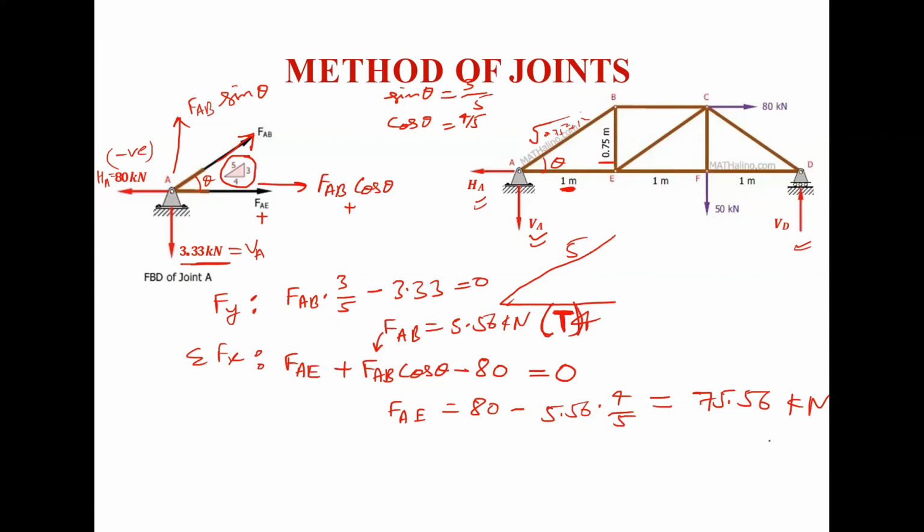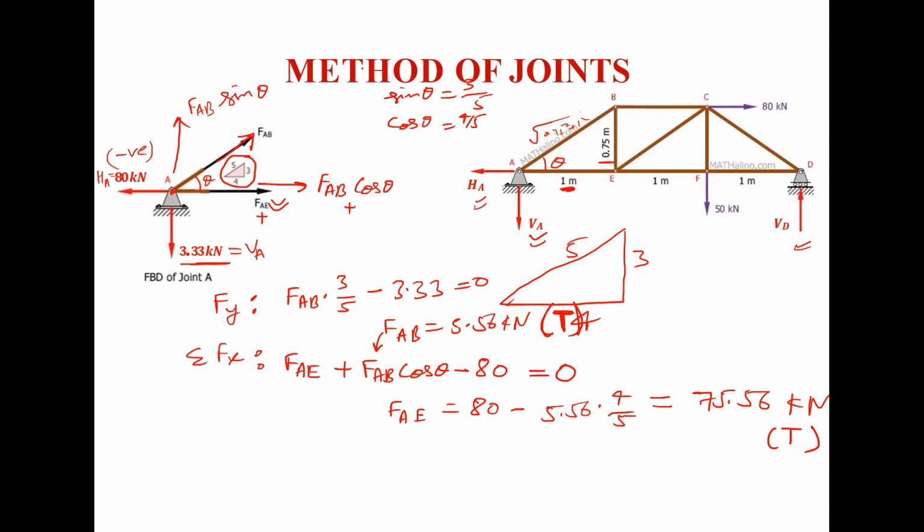Then what will be the nature of FAE force? Again, we are getting a positive value of FAE, so our assumed direction is correct. And this assumed direction is applying tension at the point A, so we will write here T. Okay, good. Now we have calculated FAB and FAE.